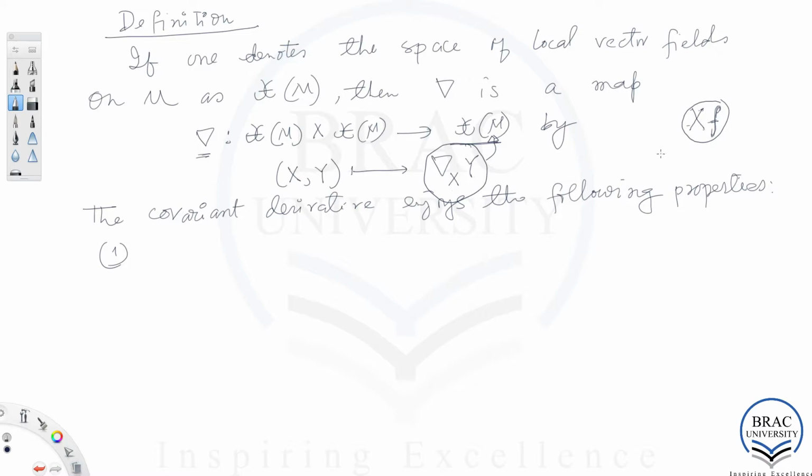But if you put f in front of this vector field, you still have a vector field. From this point of view, we say that the space of vector fields is a C^∞(M,R) module.